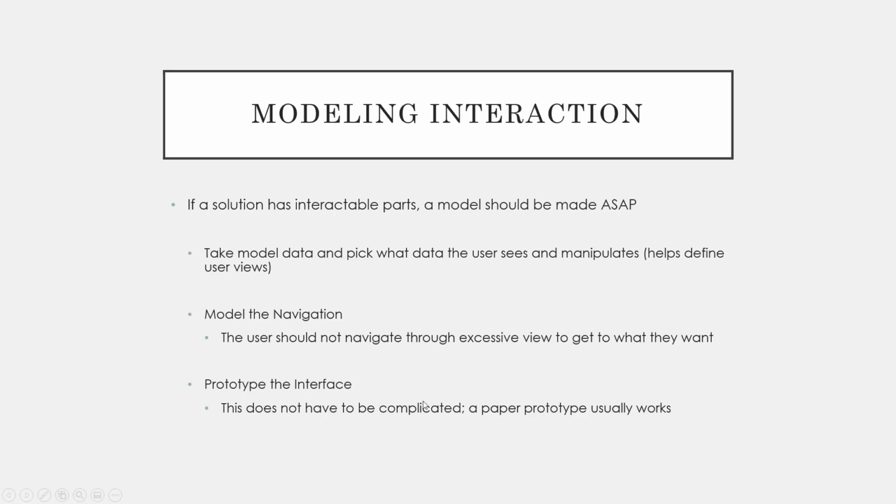So, let's just think about modeling. Let's use Amazon again for an example. Let's model an Amazon interaction. A user goes to buy something. The user should not have to navigate through 500 different views to get to what they want. Maybe they start on the home page, they type in what they want, they click on it, they add it to their cart, they go to their cart, and they buy it.